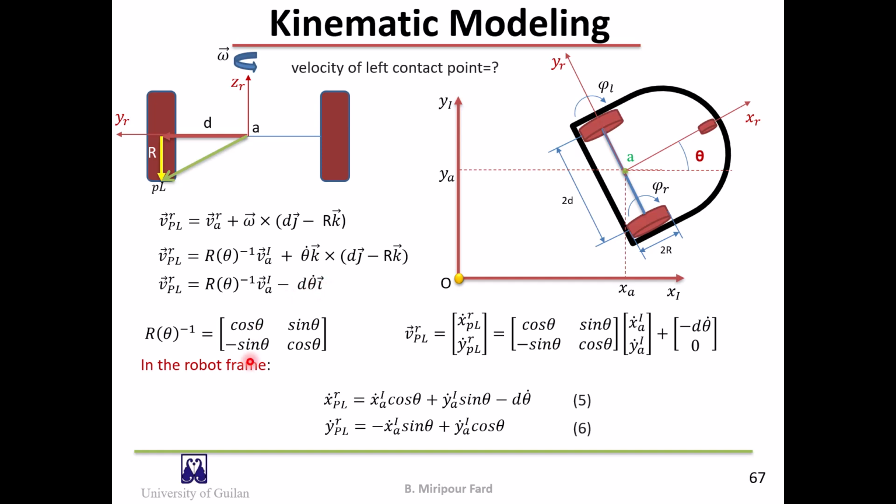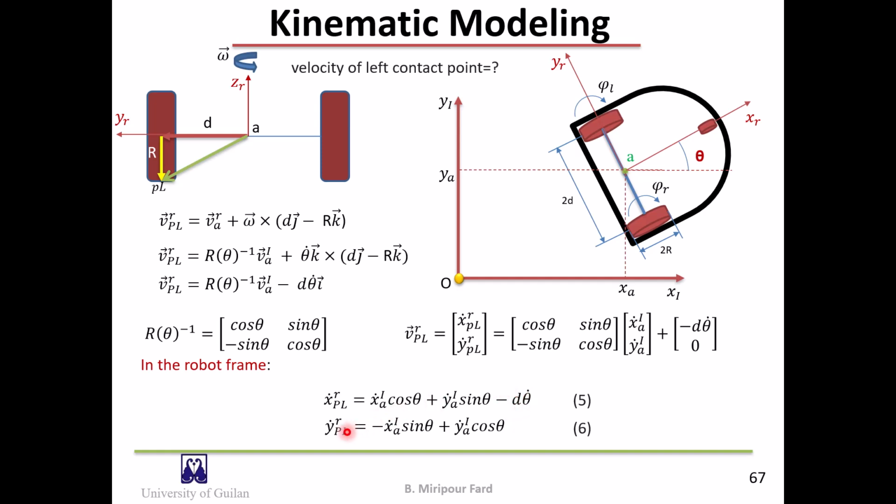Then we write the velocities of the contact point and center of the robot based on their components and multiply by the inverse of the rotation matrix. Finally, we will have x dot PLR equals x dot AI times cosine of theta plus y dot AI times sine of theta minus d times theta dot.